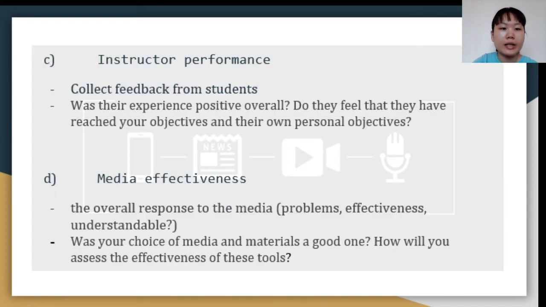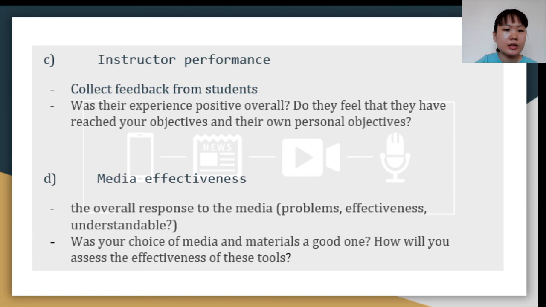The third one is instructor performance, that is the teacher's performance. So the teacher can give the students a feedback form to fill up regarding the teacher's performance, whether the media the teacher used is good enough for them to understand, and also whether they enjoy the lesson.